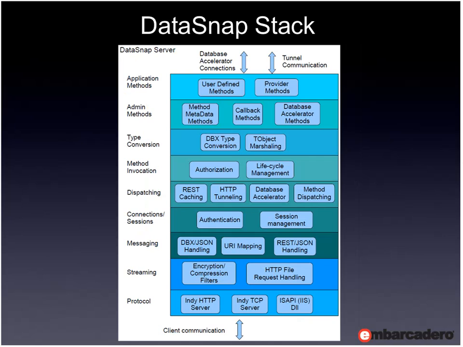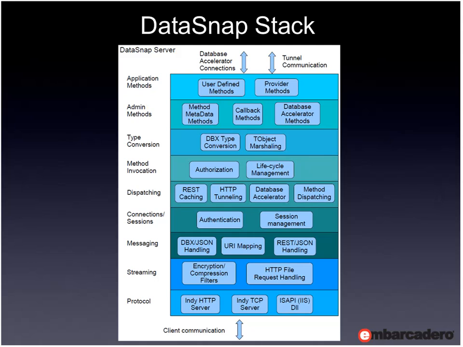You want to be able to pass different kinds of objects and types back and forth. Pass object instances and have the infrastructure do the marshalling and put it all into JSON packets and send it over and then pull it apart on the other side so you don't have to do any of the marshalling of it. You want to be able to have authorization and control over who can call your methods. And so that's all built into our DataSnap system as well.